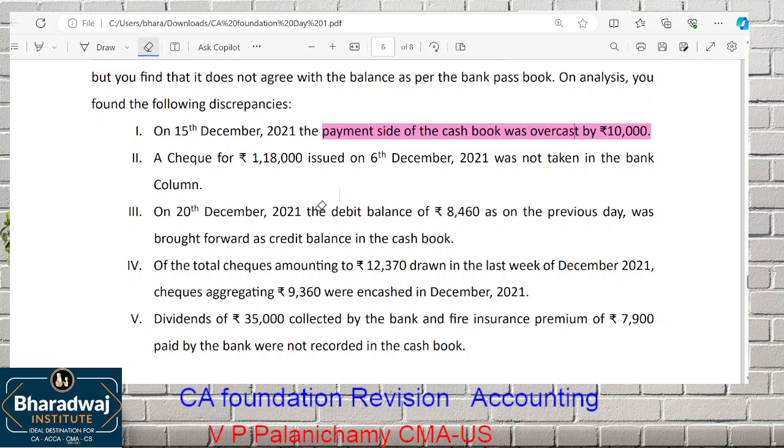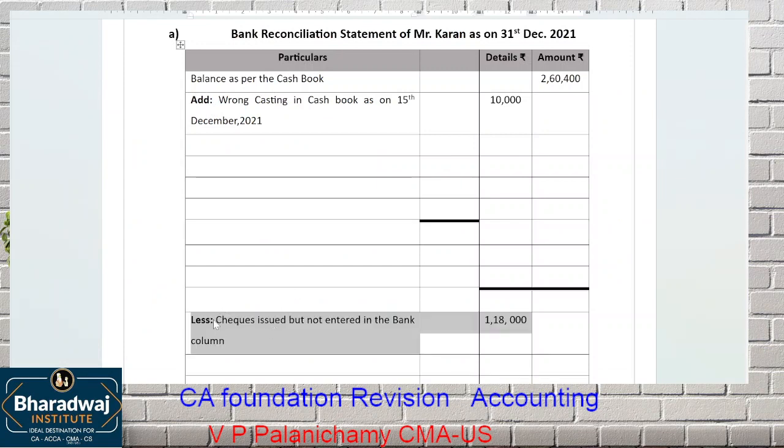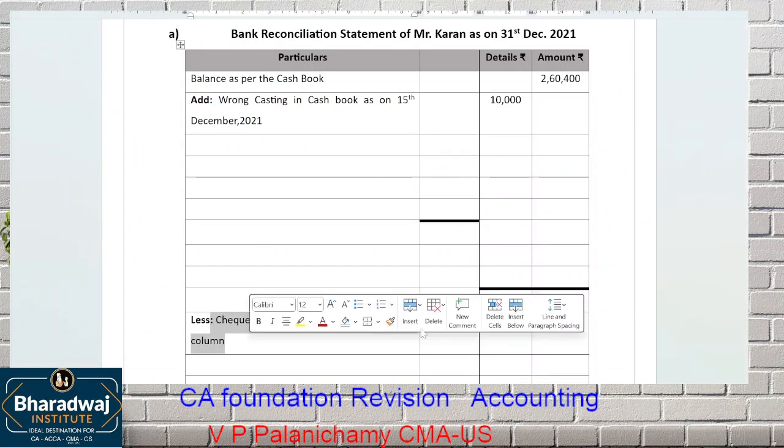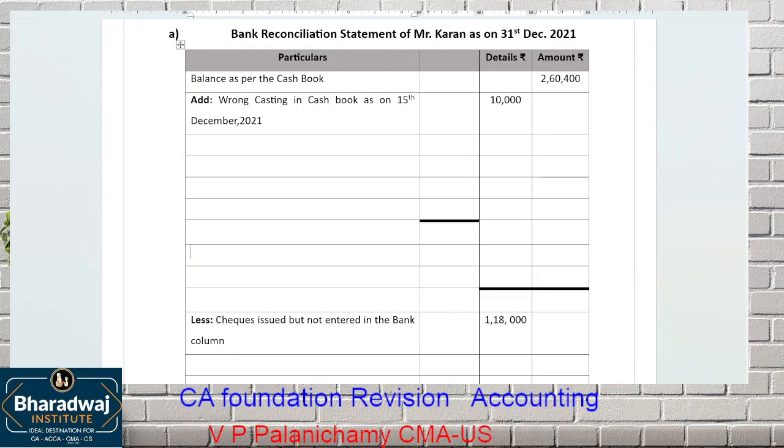When you issue the check, the person will take it to the bank and the bank will pay the money. Bank would have reduced it. So what to do? Minus. Please remember, the bank paid for this check. We did not record it in the cash book. So we have to reduce it. Any doubt in it? We issued the check. Bank has paid for the check.